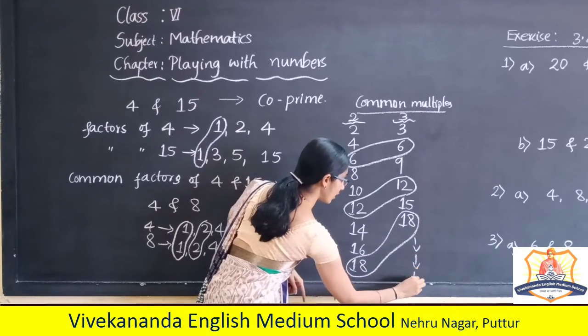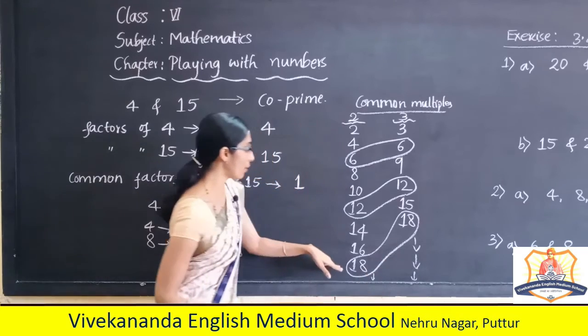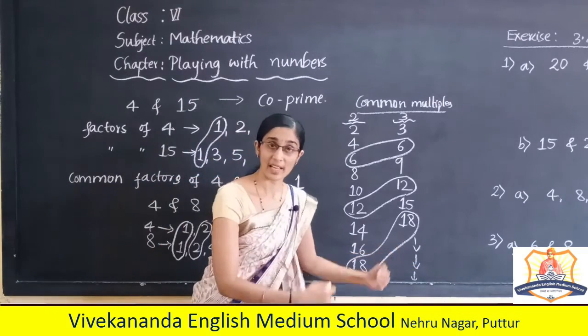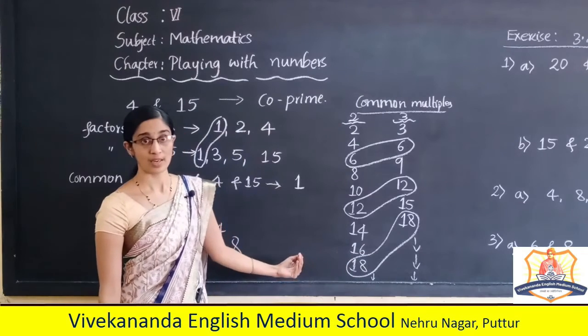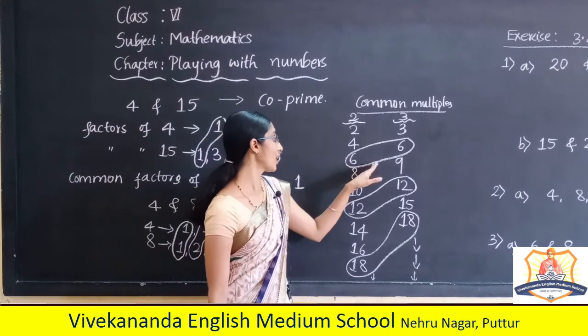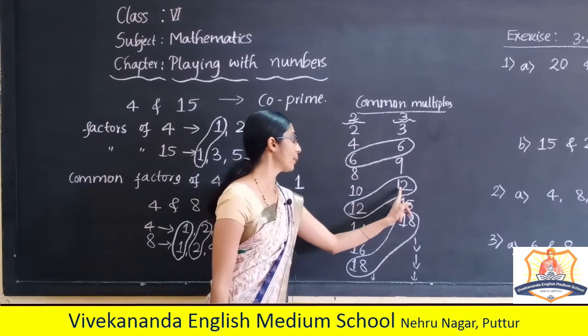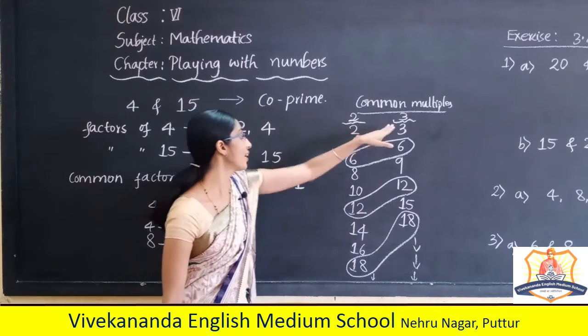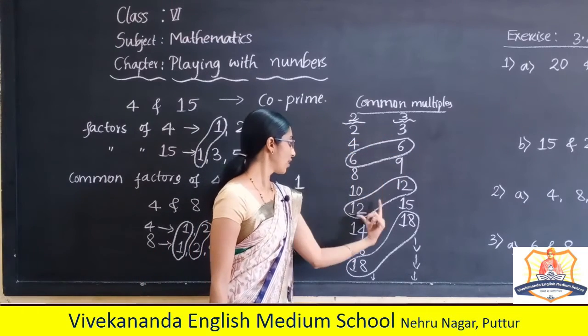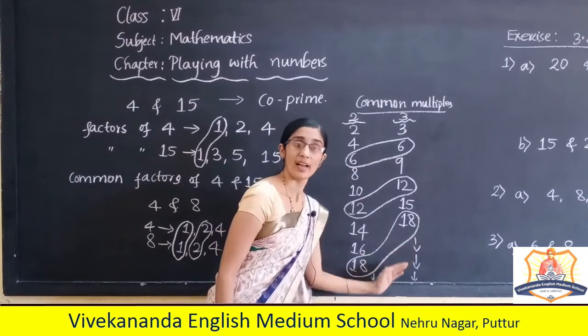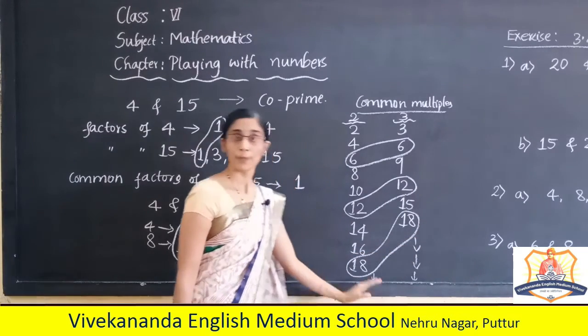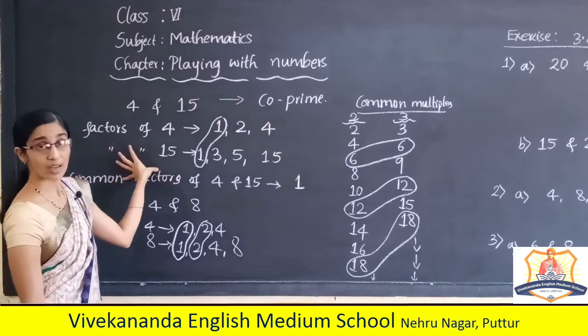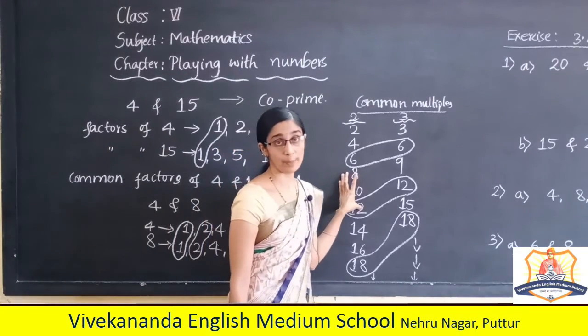If I continue writing the list of the multiples of 2 and 3, I can get several numbers, right? So this is nothing but common multiples of 2 and 3 are 6, 12, 18 and so on. So common factors and common multiples.